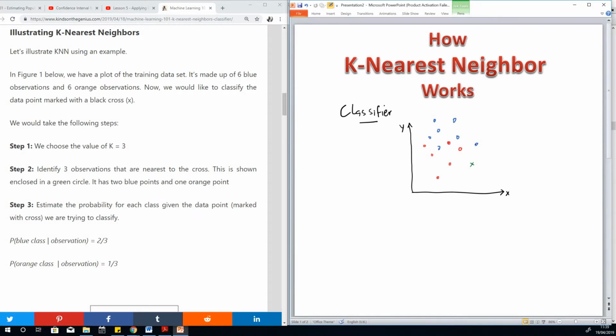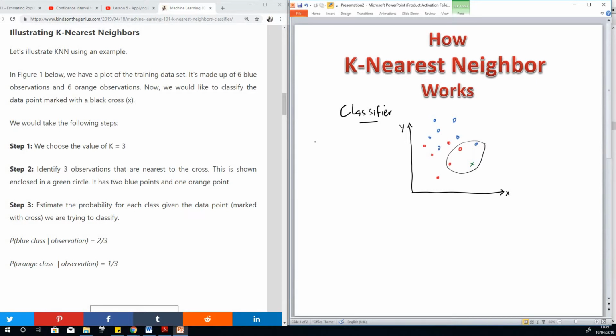So the nearest neighbors should be 1, 2, 3. Let me circle all the neighbors of the data point we want to classify.